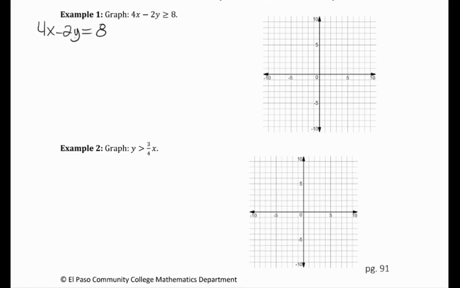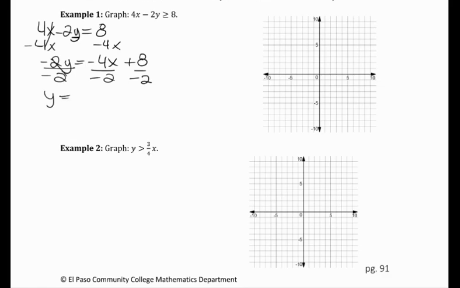We need to isolate y, so we subtract 4x on both sides. Now I have negative 2y equals negative 4x plus 8. Divide everything by negative 2. So y equals 2x, negative divided by negative is a positive, and positive divided by a negative is a negative 4.